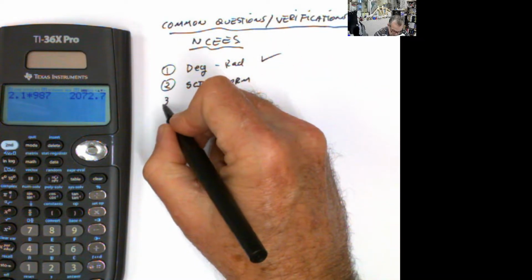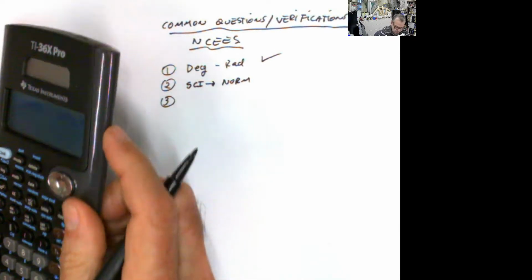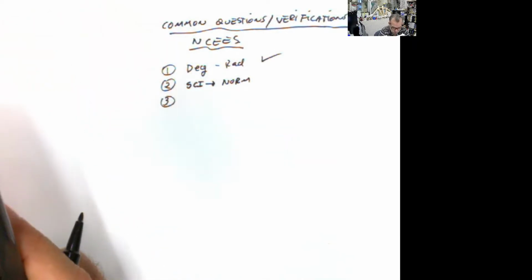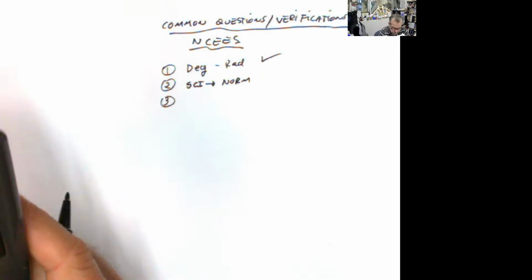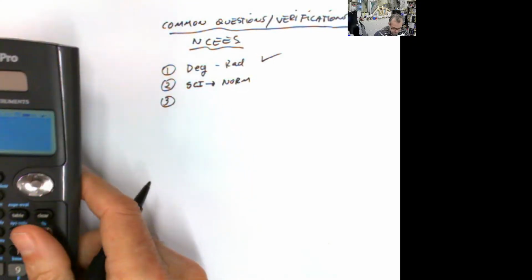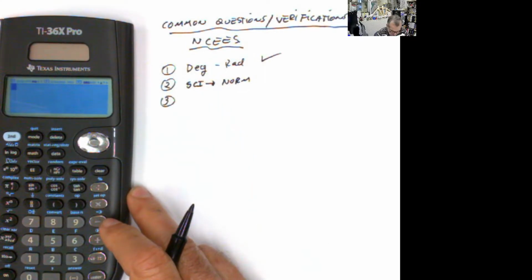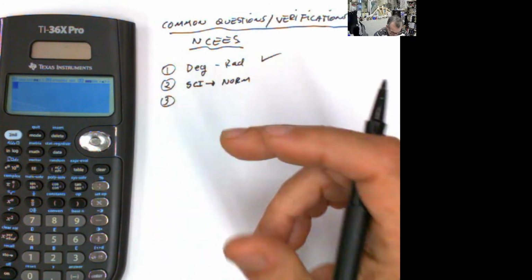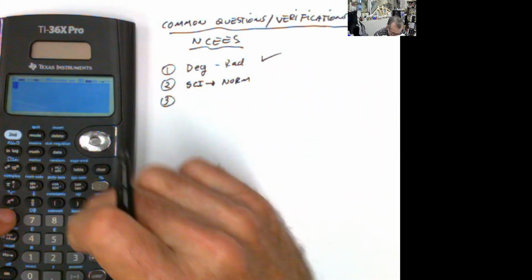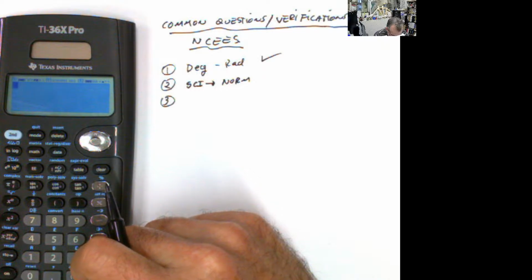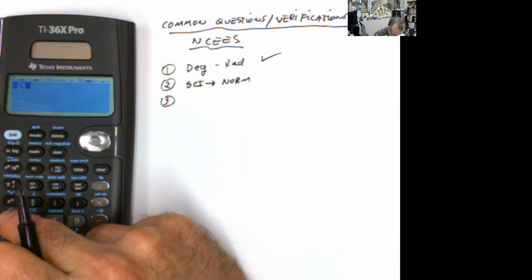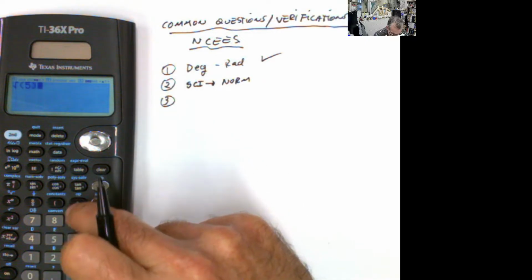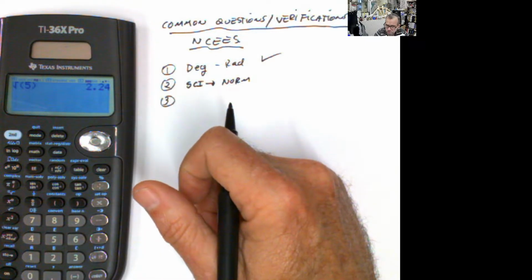Now the other thing that can happen, and happens a lot, is if you do something like this, then you get numbers like the square root of 5, for example, and you get 2.24.